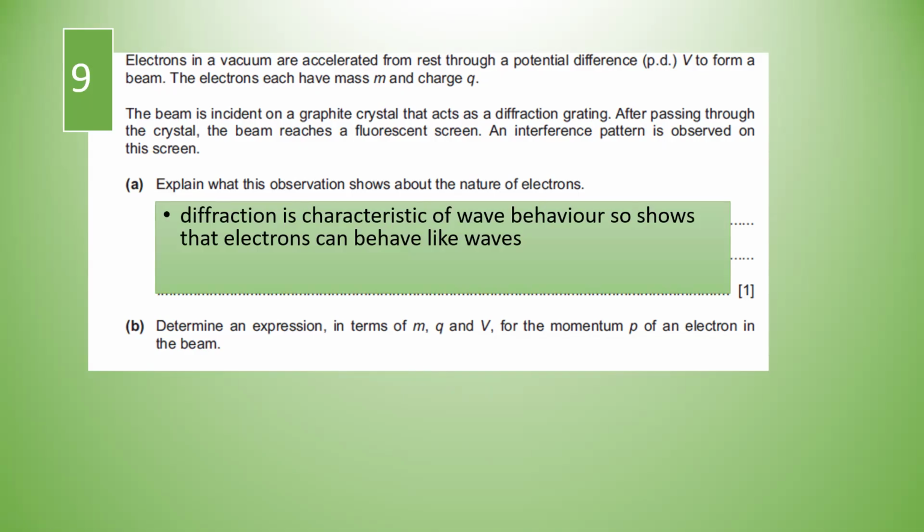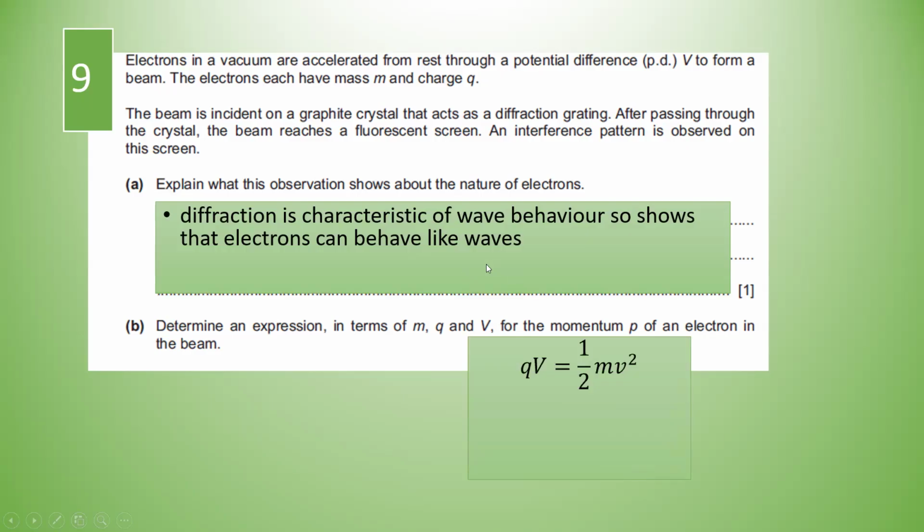Derive the expression in terms of m, q and V for the momentum of the electron in the beam. What formula to use? qV equals half mv squared. You can work it out.